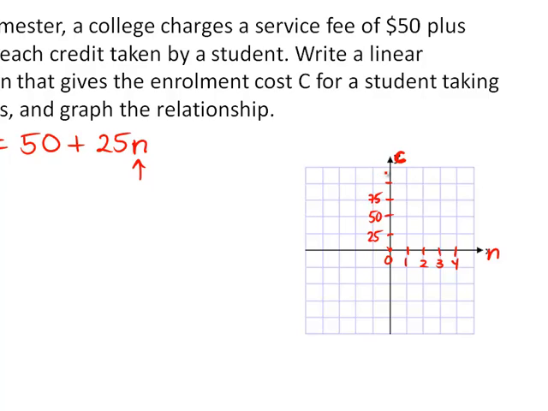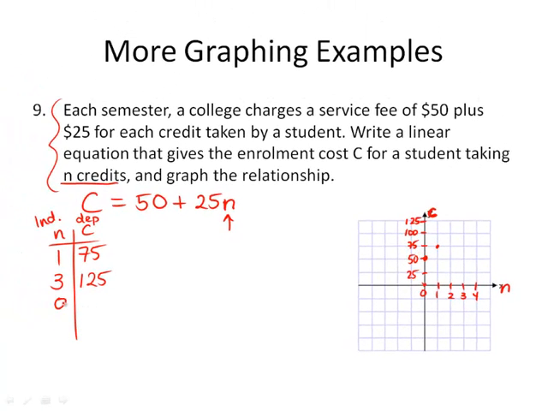So I don't think we can go any higher on this graph with this scale. You might have to change the scale if you want it to go bigger. So 1 would be 75. Notice 0 credits would be 50, because it's a little silly to say that, but if you weren't taking credits but you signed up to be a student, you'd pay $50.